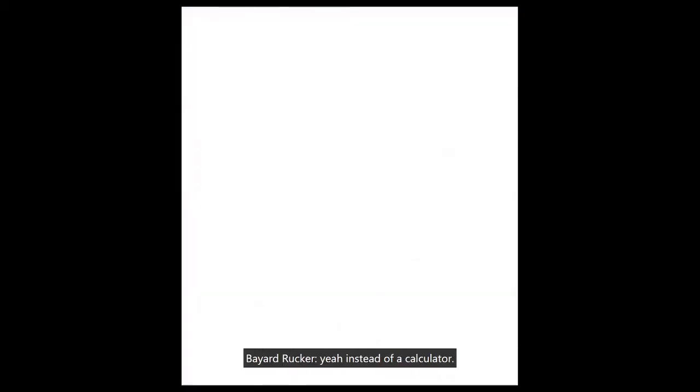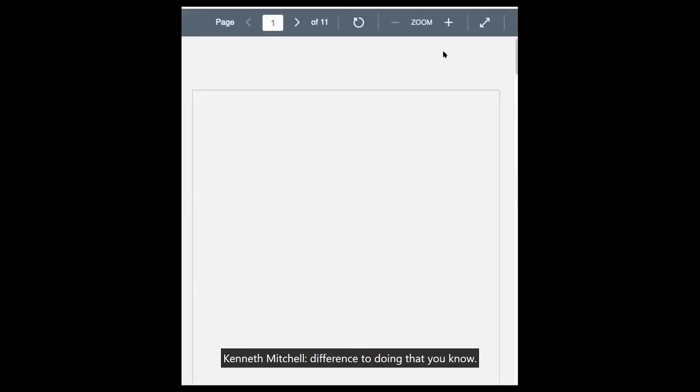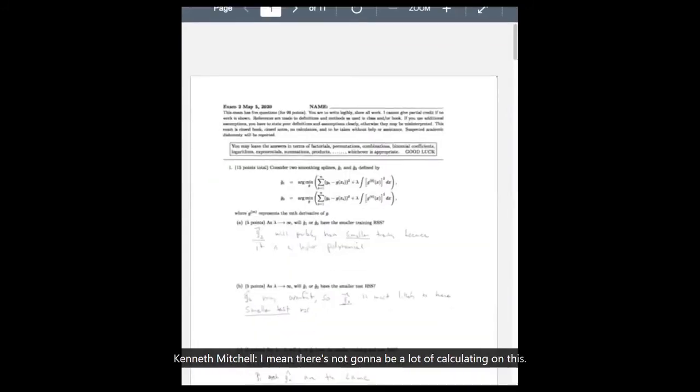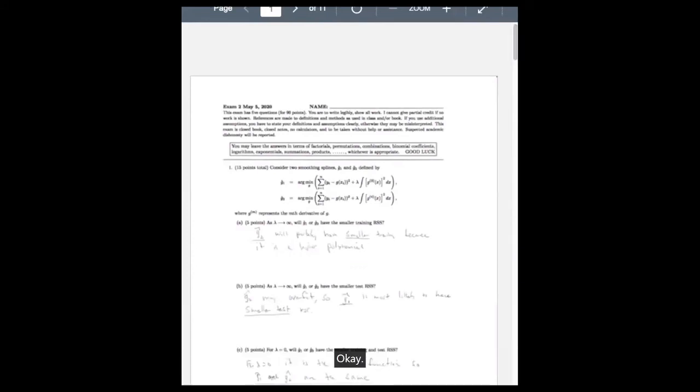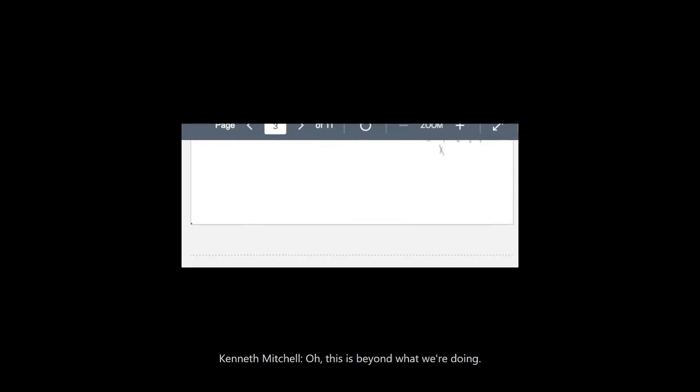Yeah, instead of a calculator, if you want to use R for it. Not going to be much difference to doing that. I mean, there's not going to be a lot of calculating on this. This is another. Oh, this is beyond what we're doing.